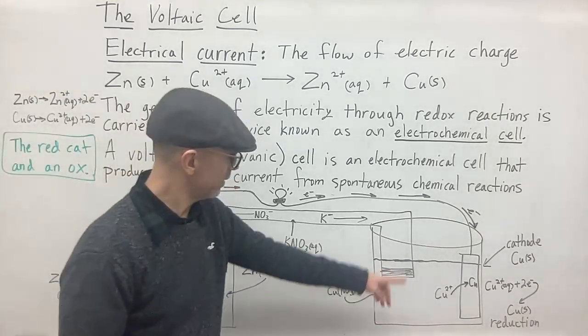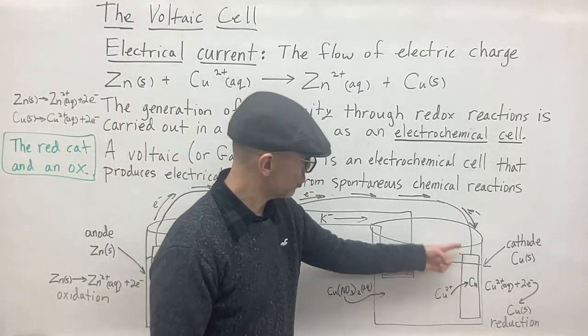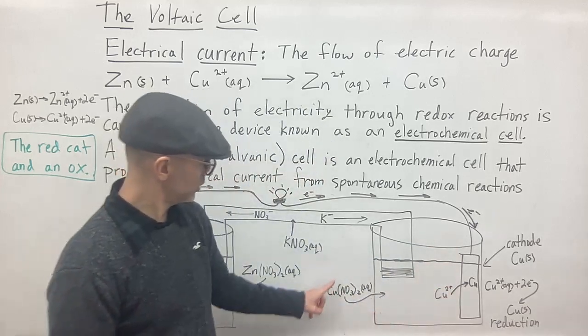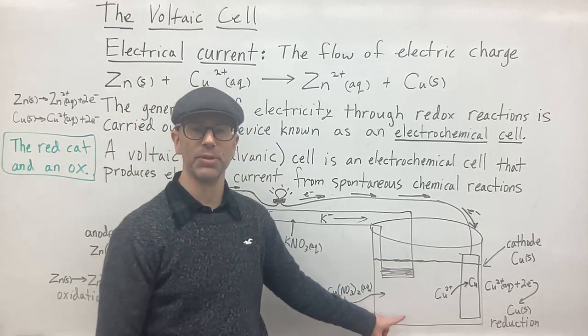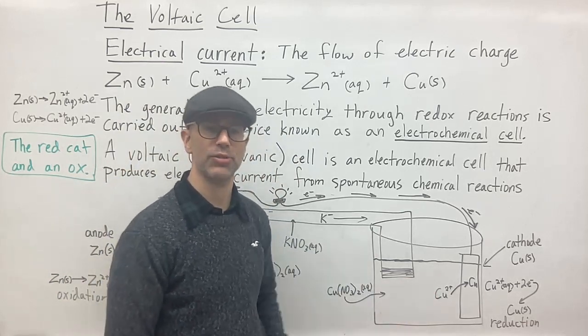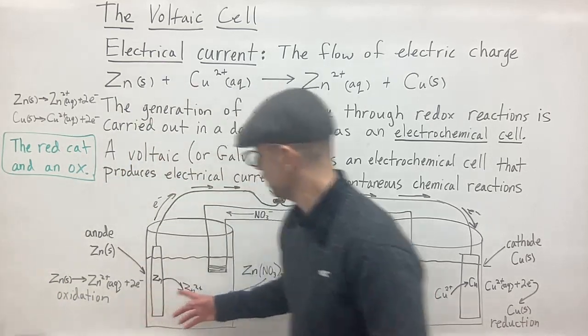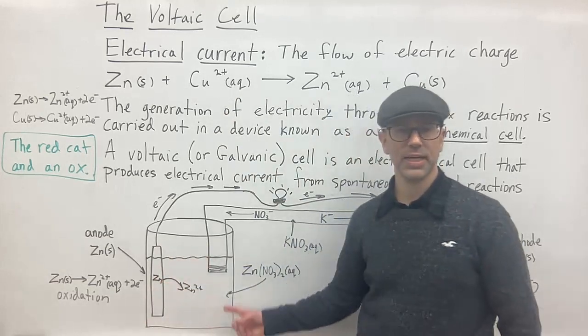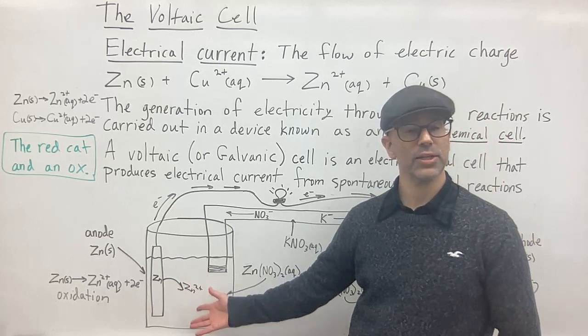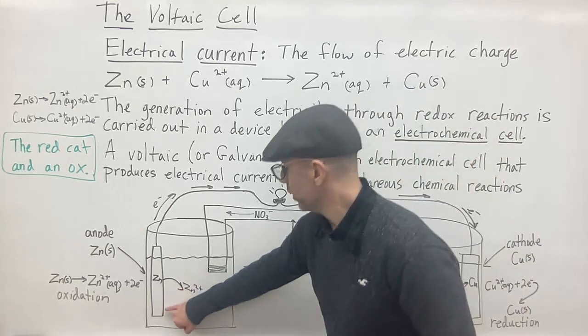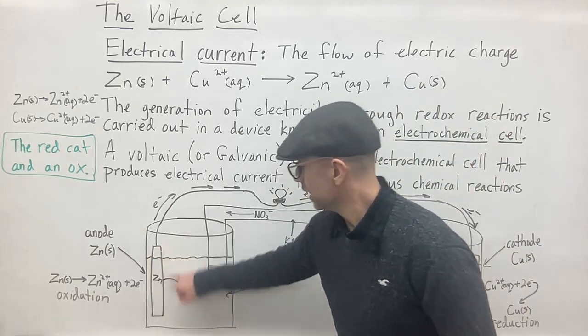Over on this side, I have a copper electrode, and in this solution I have copper 2 nitrate solution. So here I have a bunch of copper 2 plus ions floating around with nitrate ions. And on this side, I have a bunch of zinc 2 plus ions floating around with nitrate. And here I have the electrode.